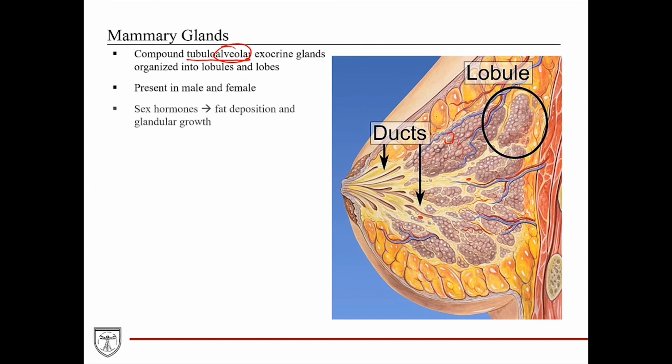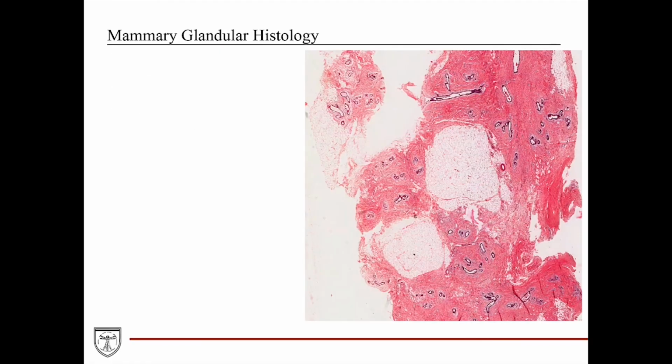However, it's during the puberty, under the influence of sex hormones, the breast tissues in females start to accumulate more adipose connective tissues, as well as the mammary glands that start to branch a little bit and are a little bit more elaborate.